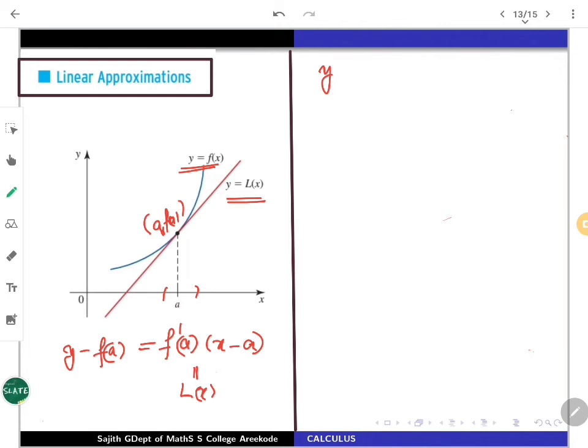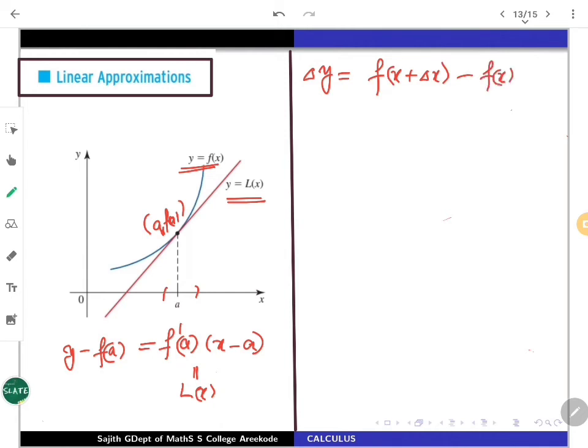Now, just to look at, whenever we are having x as input and y as output, variation in x, that is an increment in x, is delta x, and the corresponding increment in y is delta y. So we have the delta y expression usually as f of x plus delta x minus f of x.